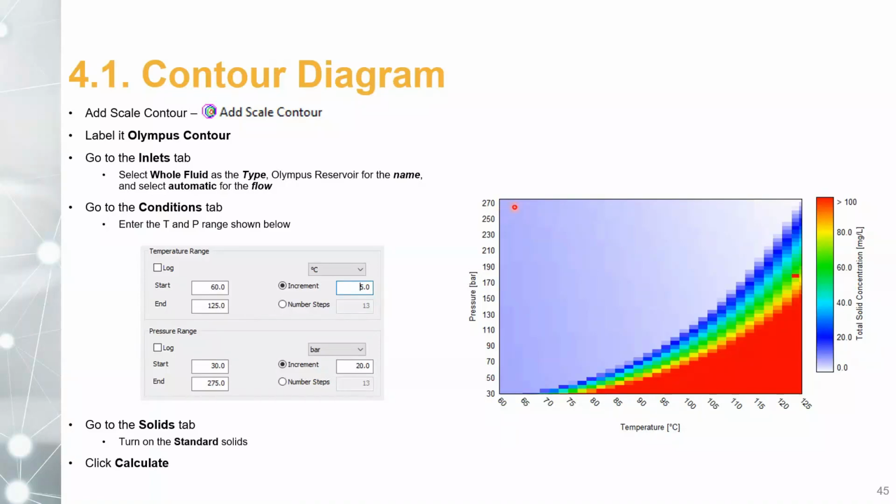It's not zero, but it's a very small amount according to my range here. At high temperatures and low pressures, the bottom right corner here, this is the highest risk of scale. I think the software calculated around 360 milligrams per liter for this corner.